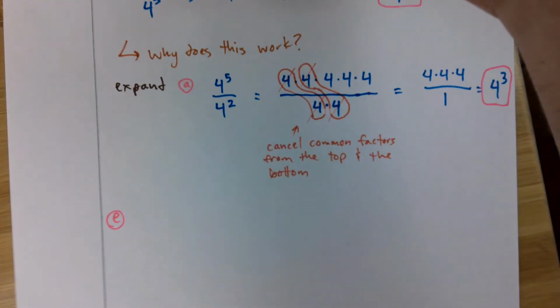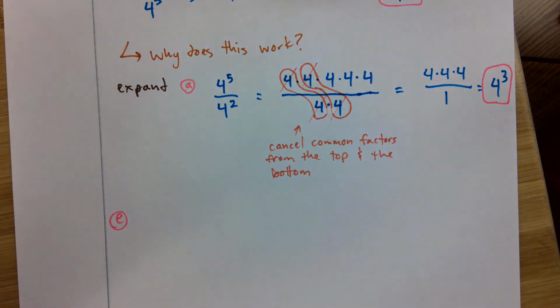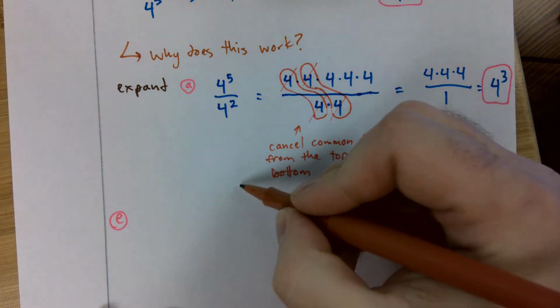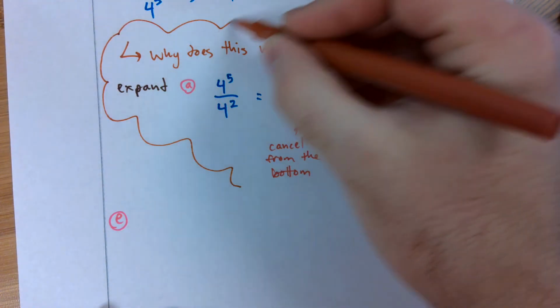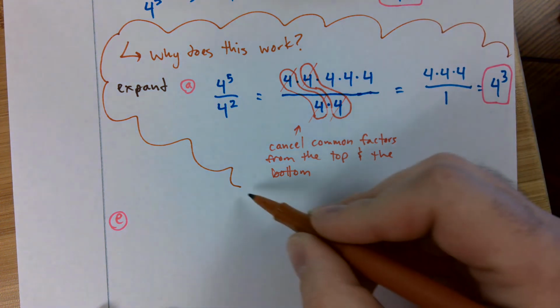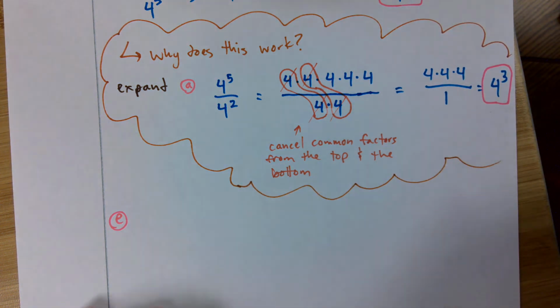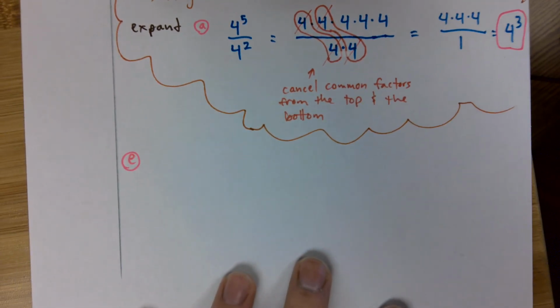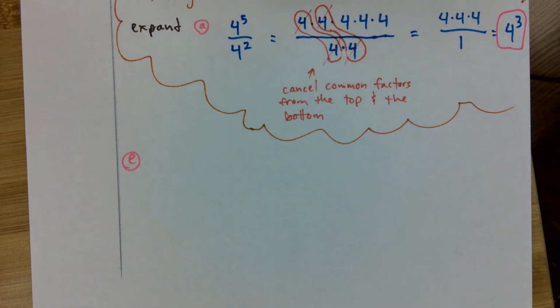So, when we expand it out, we can cancel from the top and the bottom. And that's how our quotient rule basically works. All right? So now let's do something a little more challenging.